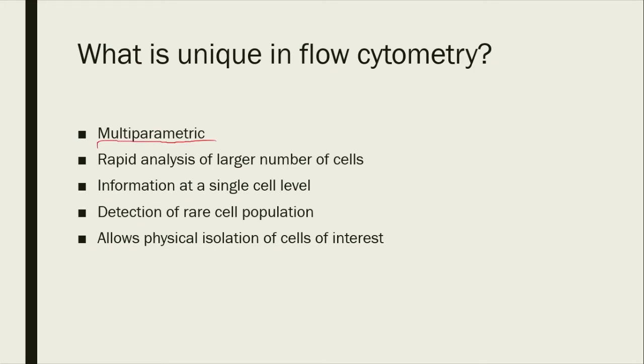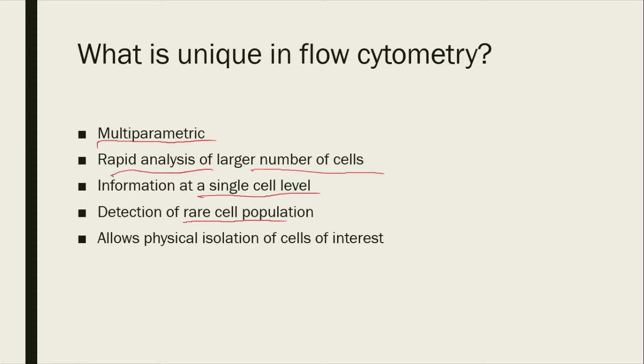So what is unique in flow cytometry? It gives you multi-parametric, very fast, rapid analysis for a large number of cells, and information you can obtain at a single cell level. We're talking about individual cell information. It can also detect rare cell populations. Even something that is 1 in a million, we can get it with flow cytometry. So it's very sensitive, particularly when diagnosing perhaps cancer cells in a population.